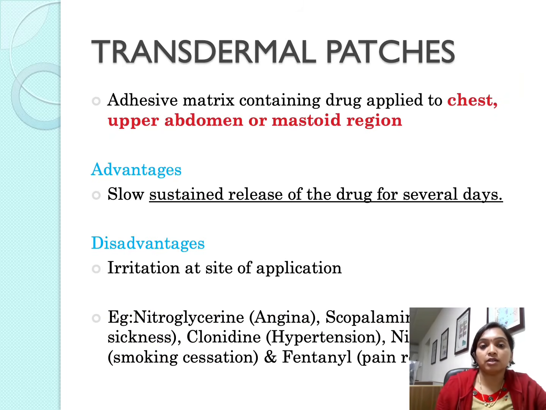transdermal route. In this procedure, the drug is delivered through the dermal layer of the skin, and the transdermal patch mainly contains the drugs in a patch-like substance, which you will see in the later slides, and the patch is put on the desired area to produce faster site-specific action. The advantage of this route is that there will be sustained release of drugs over several hours or days.